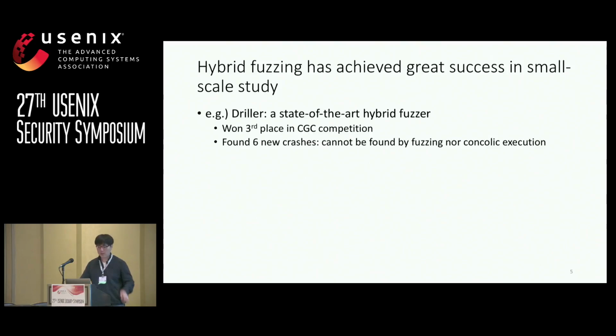For example, Driller, one of the state-of-the-art hybrid fuzzers, won third place in the CGC competition, which is the competition that makes automatic systems for finding bugs and exploitation. It found 6 new crashes from the CGC competition, which cannot be found by either fuzzing or concolic execution.